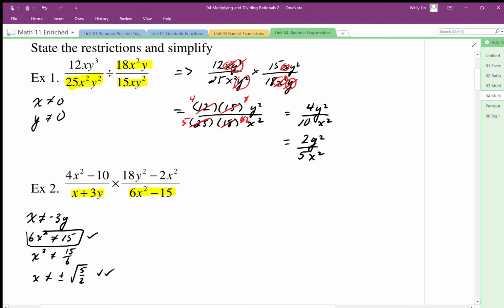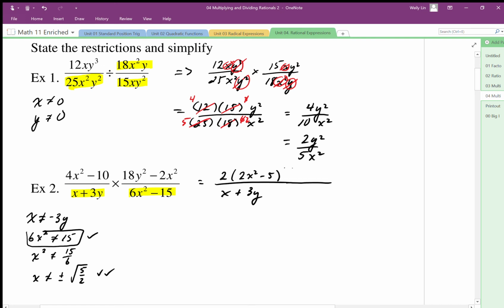When we have these restrictions, we're going to write the factored form. So once we write the factored form, factor out the common factor of 2. Here we're going to end up with x plus 3y. And we can write this all in one numerator and one denominator.